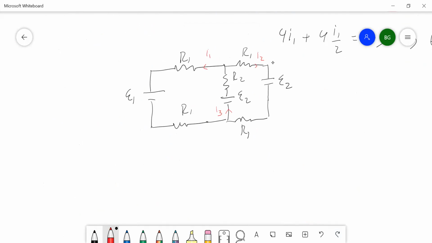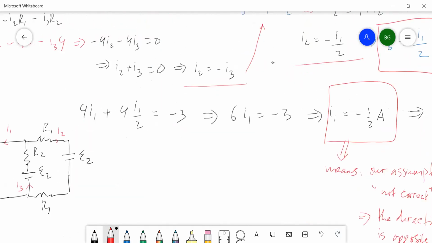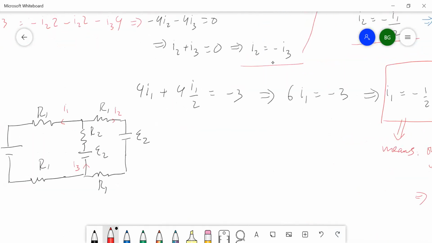So this is the correct direction of the current for I1 and I3, because we have a minus here. Okay. Any question?